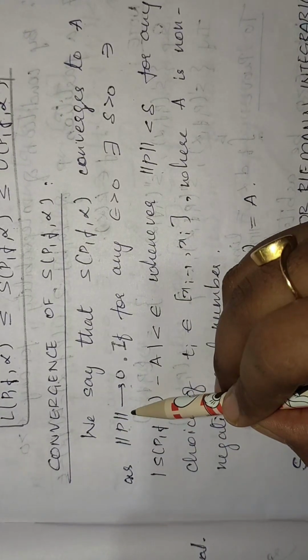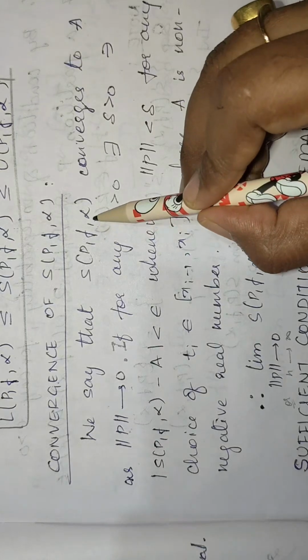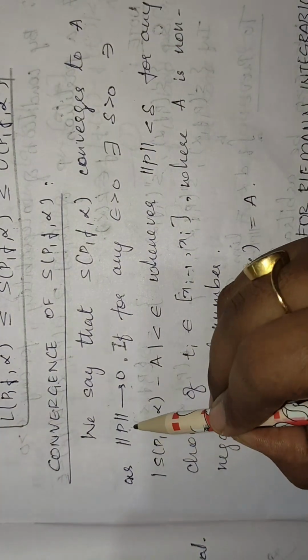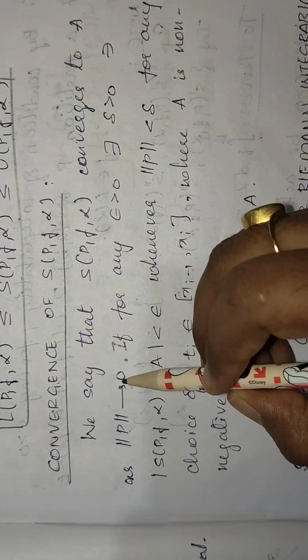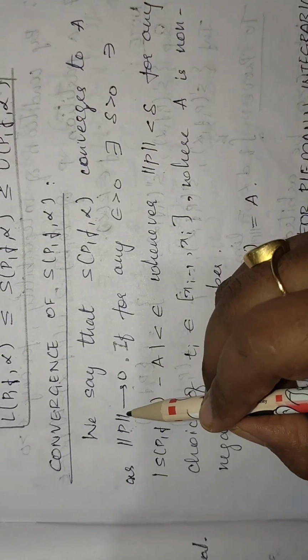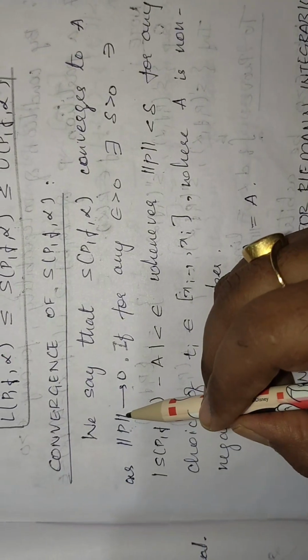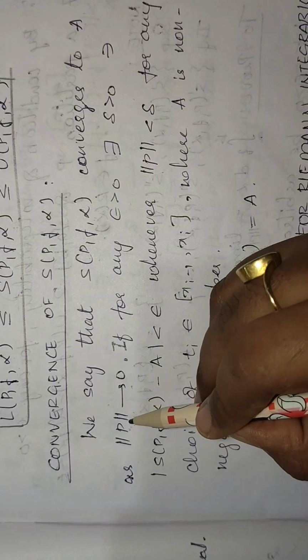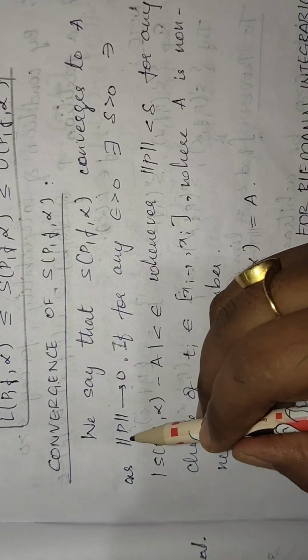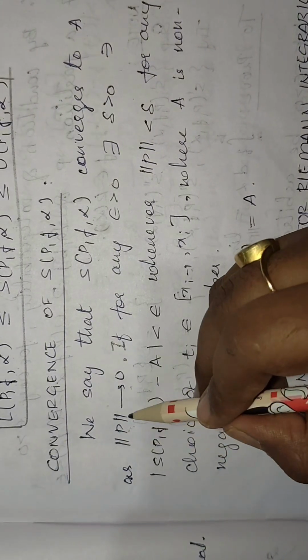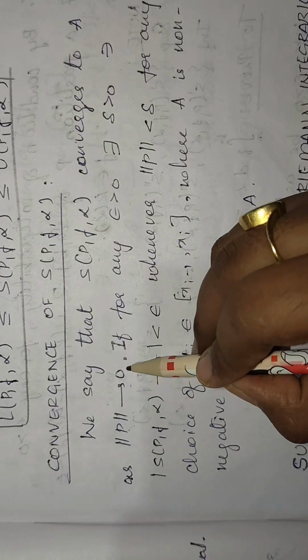This sum converges to A as norm p tends to 0, which means you will have many points in the partition P.